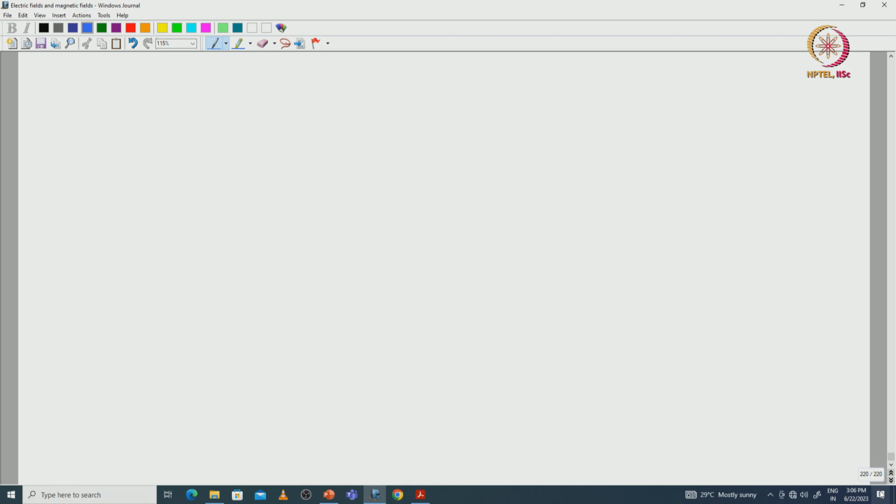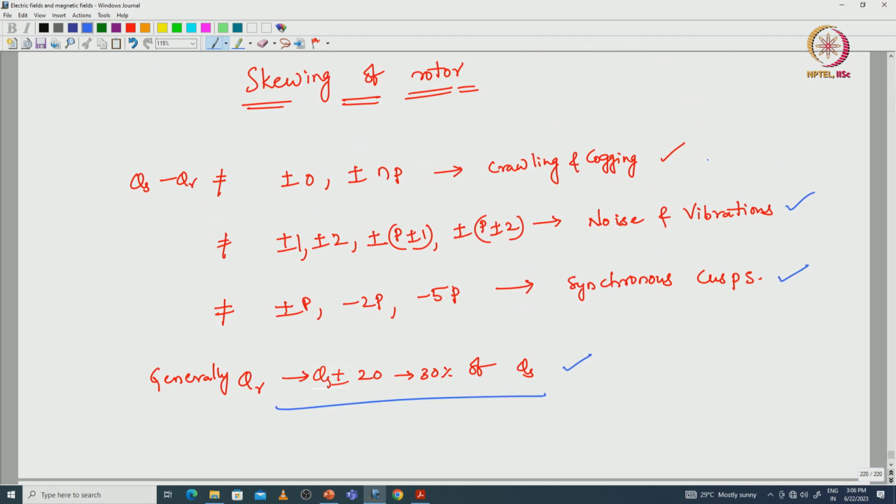These harmonics will interact with the rotor conductors and produce the harmonic fields, and the interaction of harmonic fields with respect to the main fields results in harmonic torques. So, to minimize the harmonic torques, we have to skew either the rotor or stator to minimize the slotting effects.